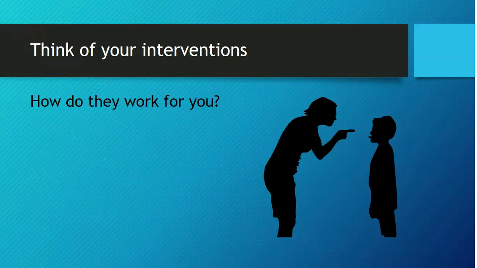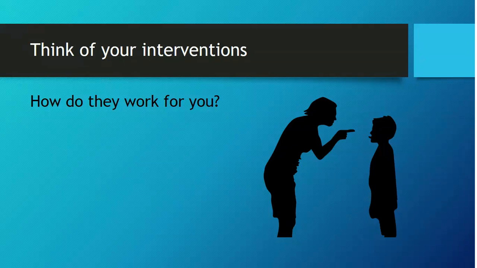Okay? And also think of your interventions in these cases when the child behaves in the way you don't like. And how do they work for you in the short term, when it happens?